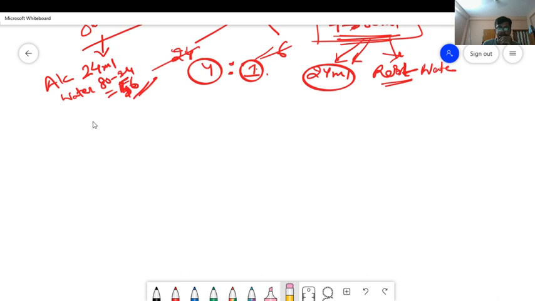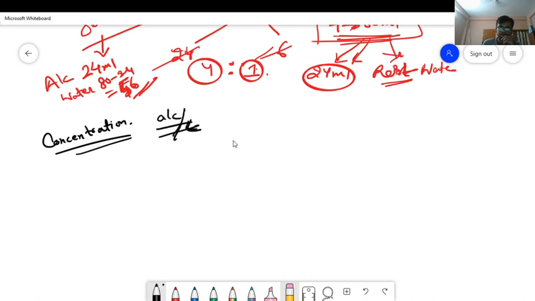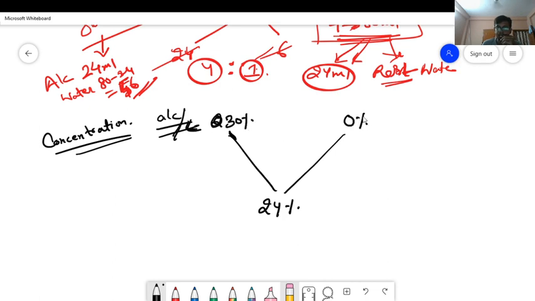We have the concentration given. Concentration is what? This is also per liter, right? Concentration per liter, amount of alcohol per liter. So we would put it in the allegation. The final concentration was 24%. This concentration was 30%, and this concentration was 0% because it was pure water, no alcohol present here.